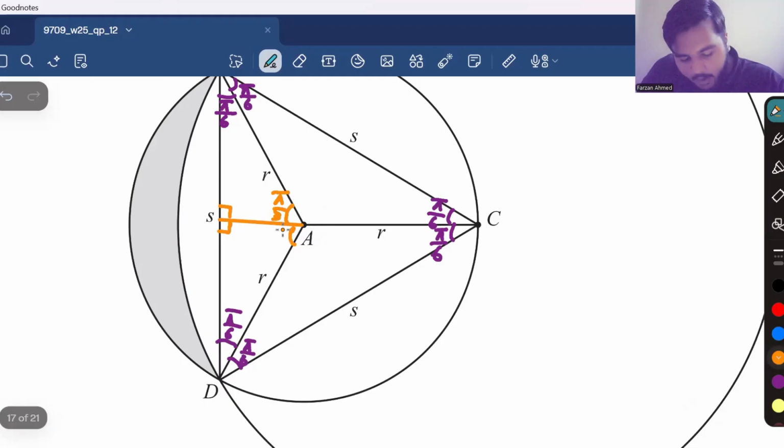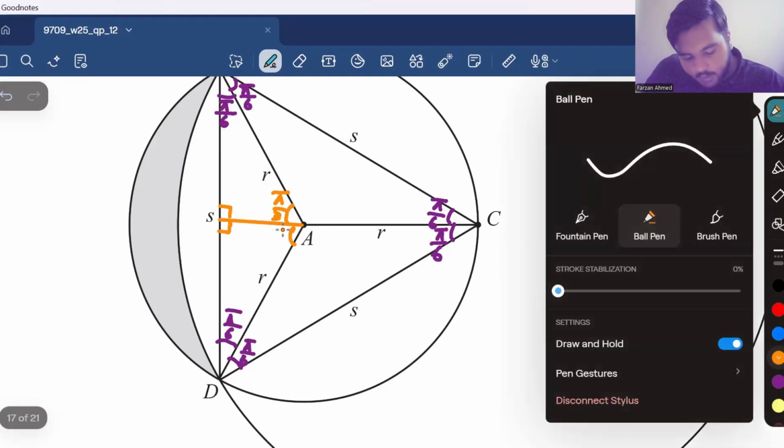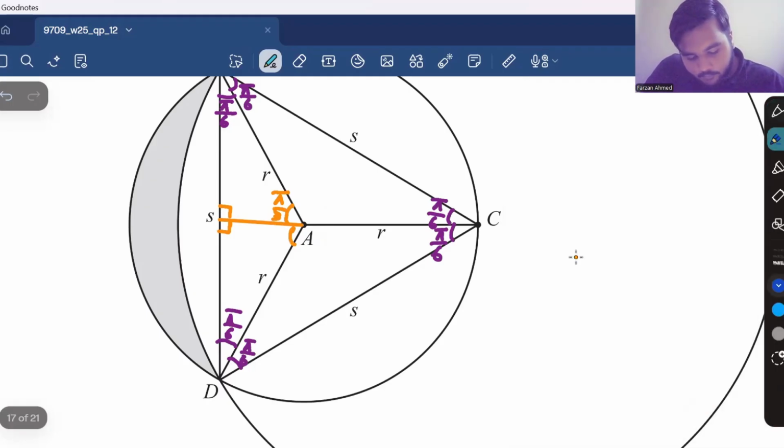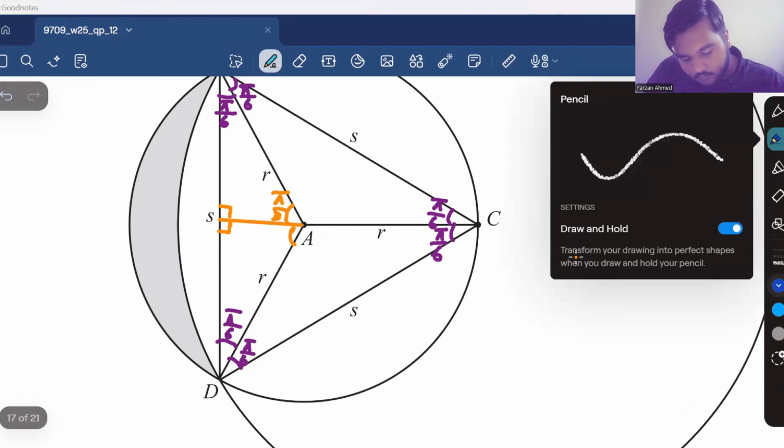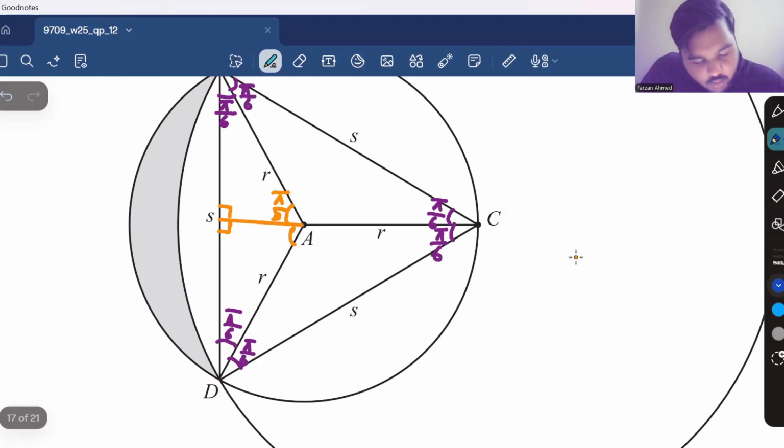This is also pi upon 3. Wait a minute. Yes, this is also pi upon 3. Okay, and this is 1 upon 2 s, and this is 1 upon 2 s.